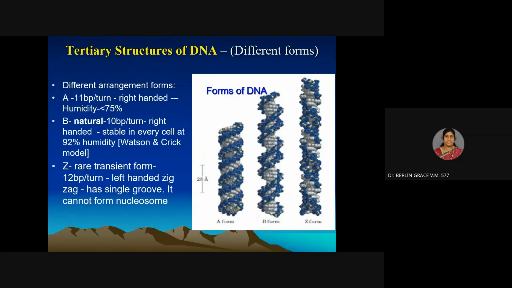The natural form, which is stable at 92% humidity in the cell, follows the Watson and Crick model with 10 bases per turn. One more form is very rare and transient, with 12 base pairs per turn. This form does not differentiate between major and minor groove, having a single groove, and it is left-handed with a zigzag arrangement.